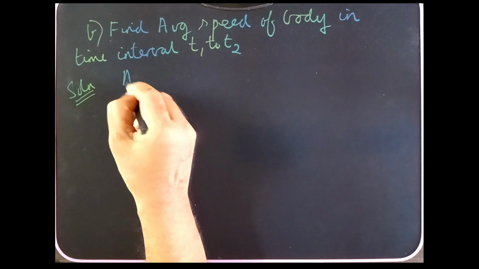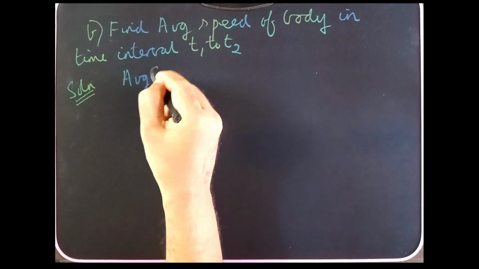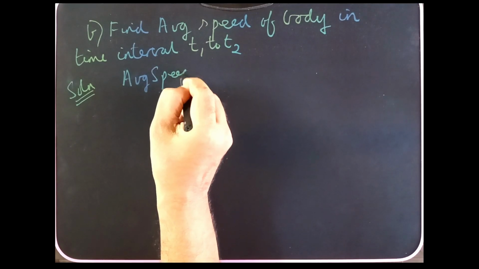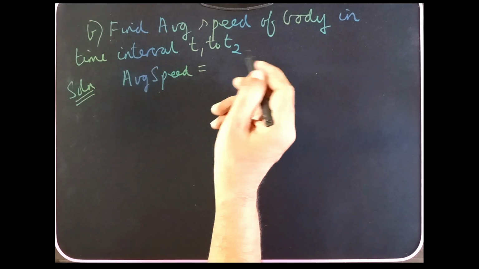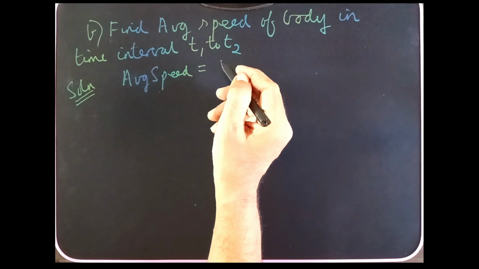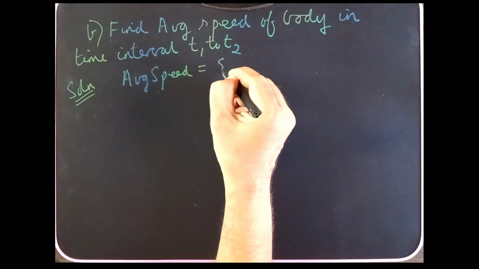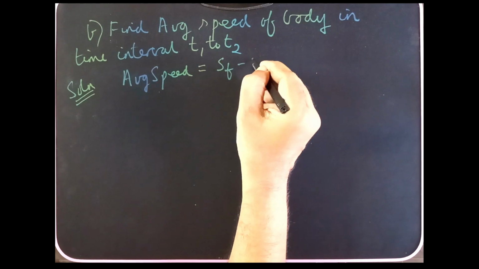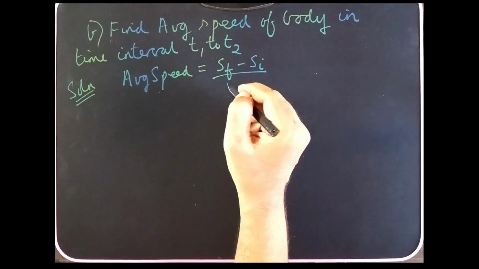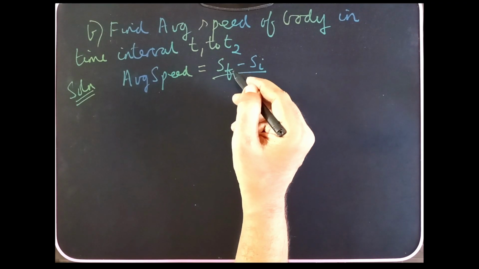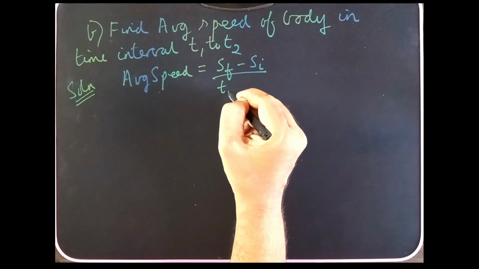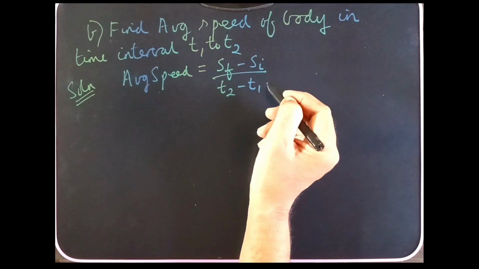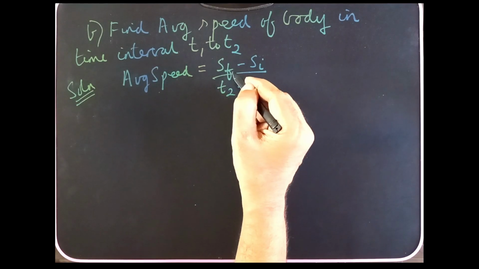That means average speed is equal to the difference of the distance, that means final distance minus initial distance, divided by the time period, that will be t2 minus t1. Now what is the final distance?